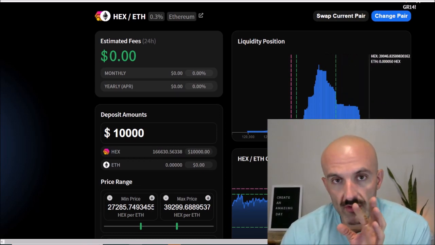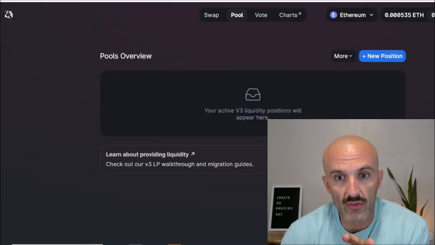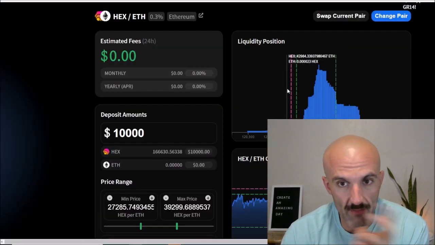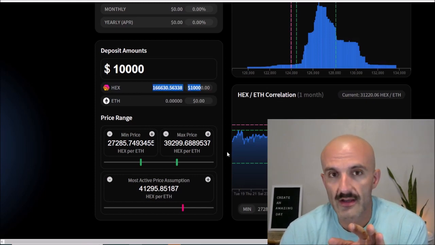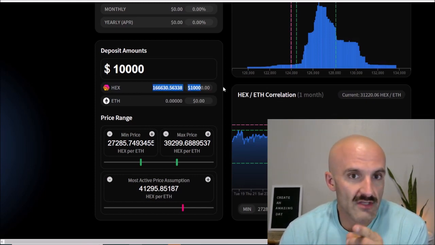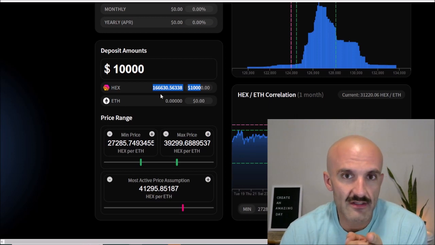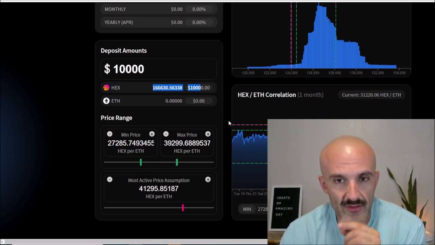Now, you go through and you remove all your liquidity. If you wanted to open up this position again, you remove all your liquidity. Remember, you're all in hex. Now, you need to convert some of this hex to ETH to set up a new position.